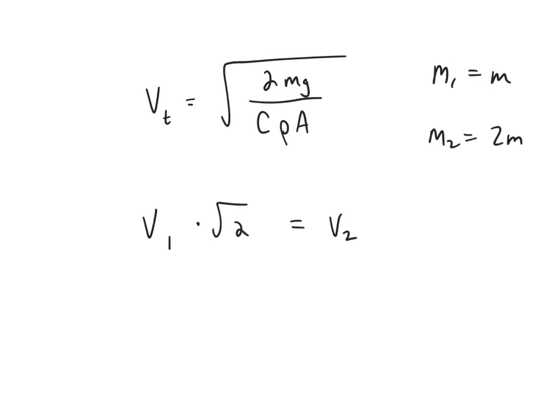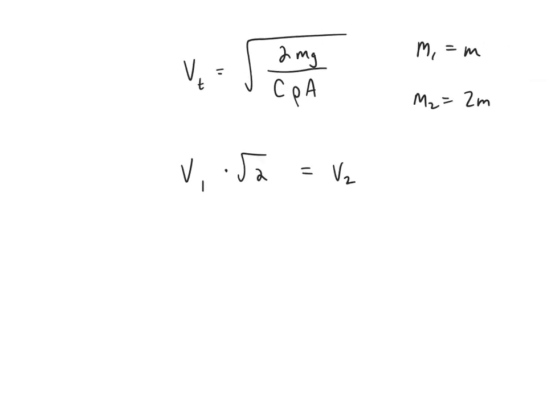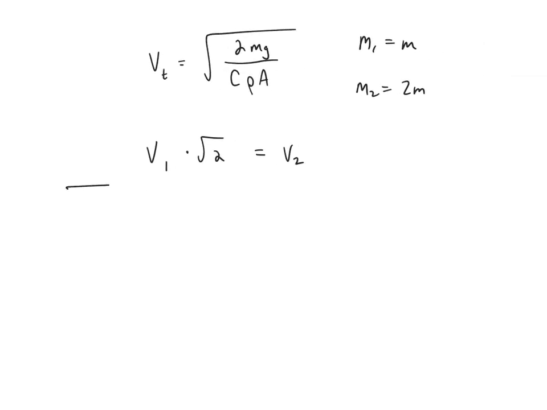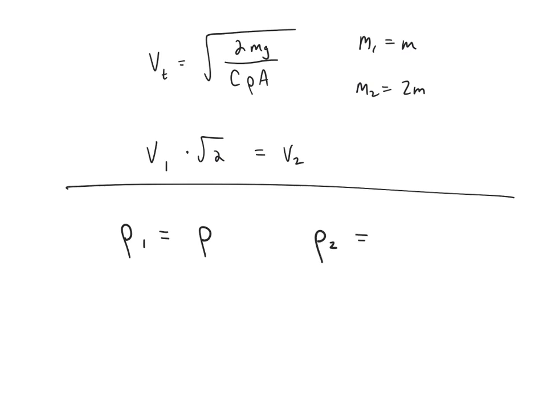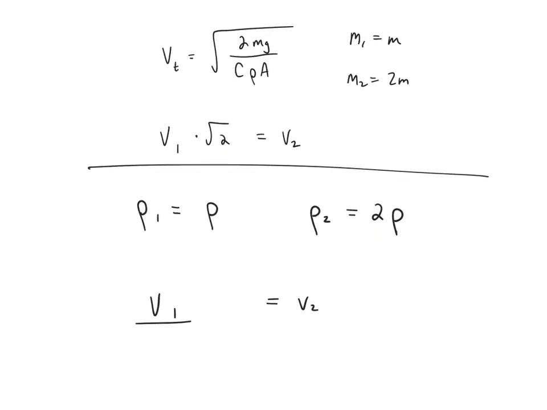So that was the first scenario. The second scenario would be this. If the density in the first scenario is rho, and the density in the second scenario is twice rho, then the velocity in the second scenario equals the velocity in the first divided by the square root of 2.